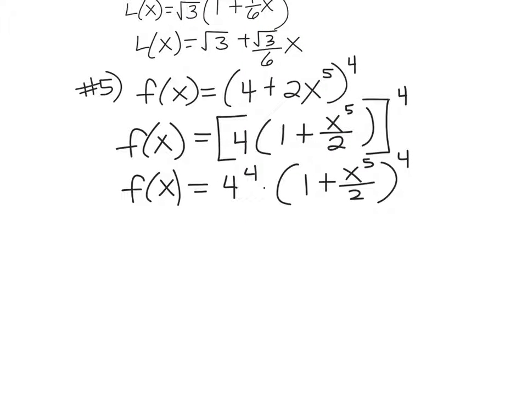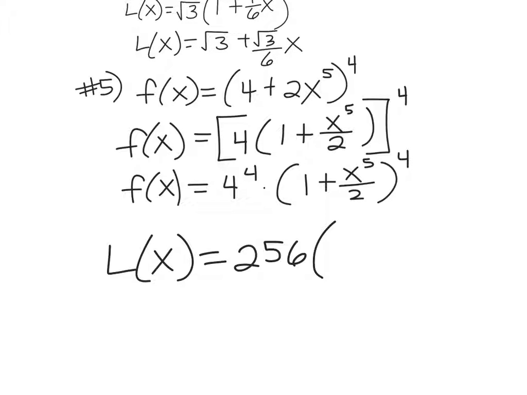What is 4 to the fourth power? 256. All right, L of x equals 256 times, and then you simply just bring that down, right? It's 1 plus k times whatever that junk is there. So it's going to be 1 plus 2x to the fifth.